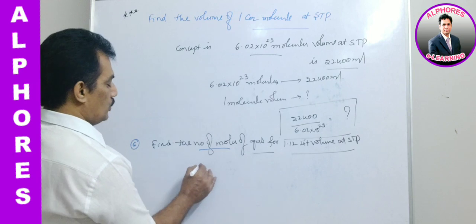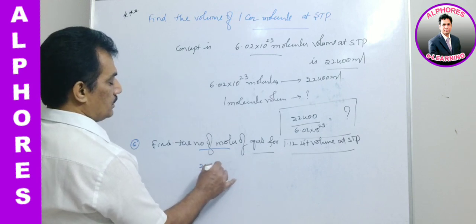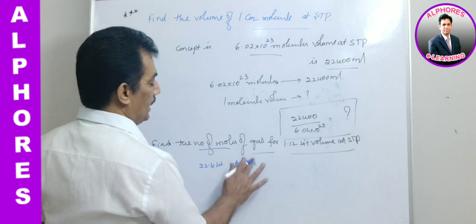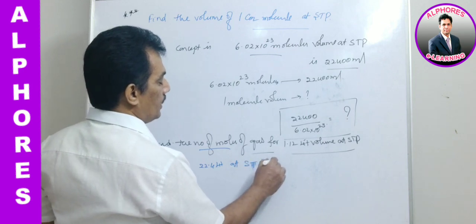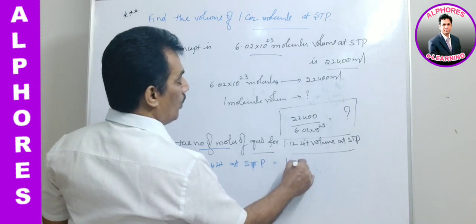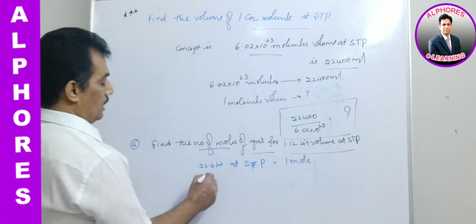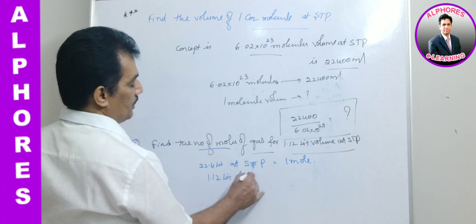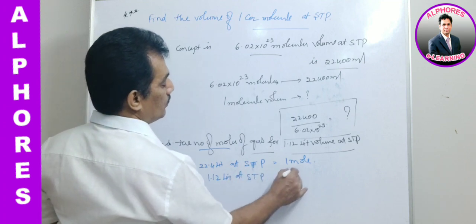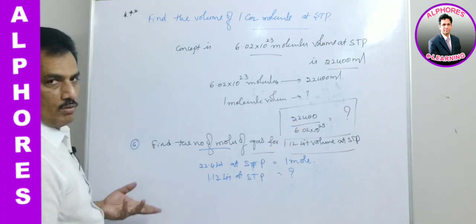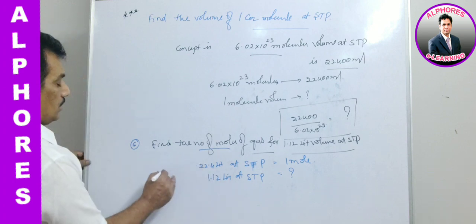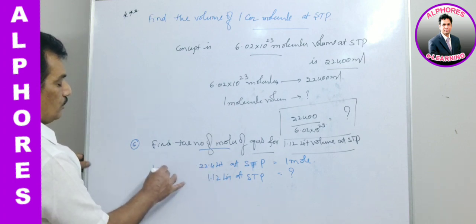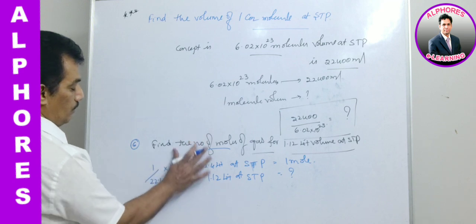Already we know 22.4 liters at STP is equal to 1 mole. Is it not? And then 1.12 liters at STP is equal to how many moles? It is nothing but 1 by 22.4 into 1.12.